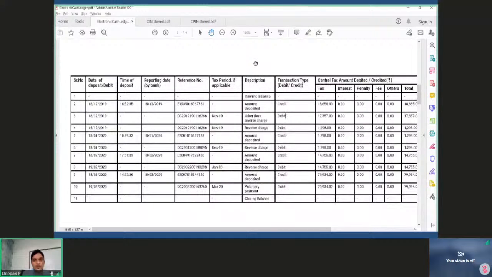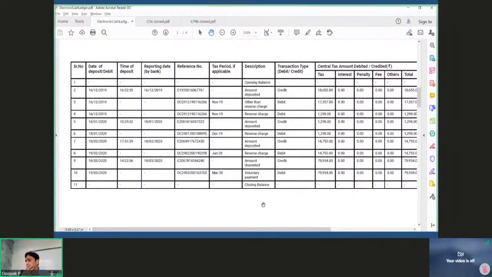Okay, basically what I wanted to say is appearance of electronic cash ledger appears on a different footing.